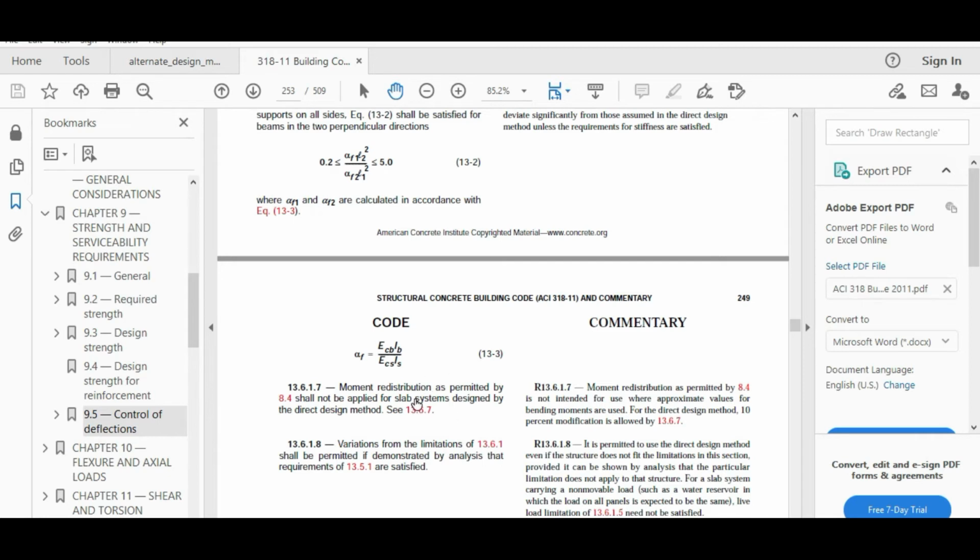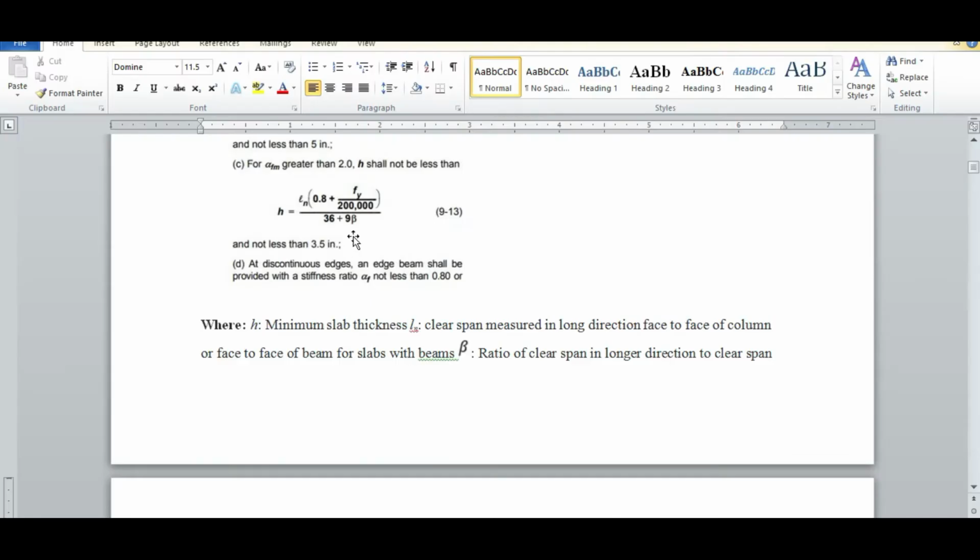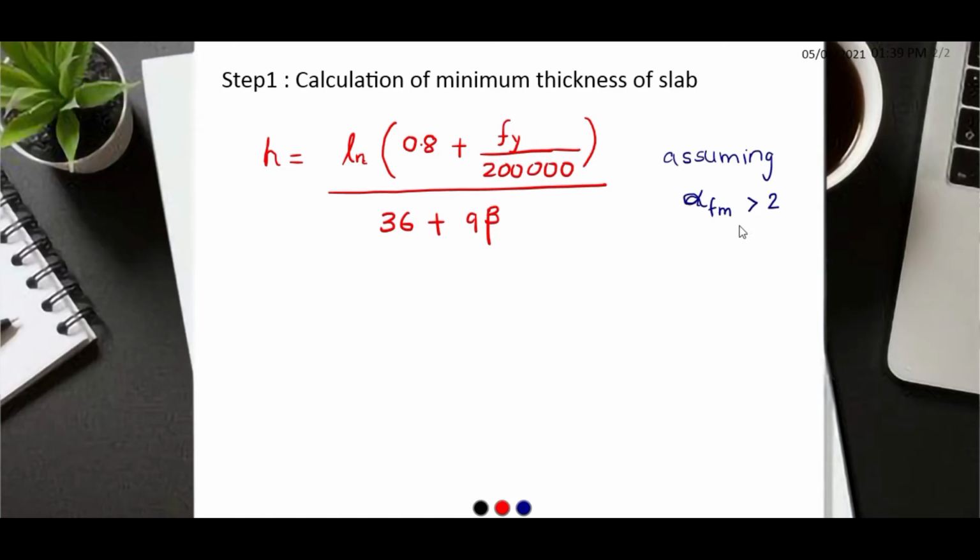It is the ratio of the flexural stiffness of beam to slab. In this case, we are going to assume it as greater than 2.0, so that we can use equation 9.13. Assuming alpha FM greater than 2, we can use this equation for finding the minimum thickness of slab.